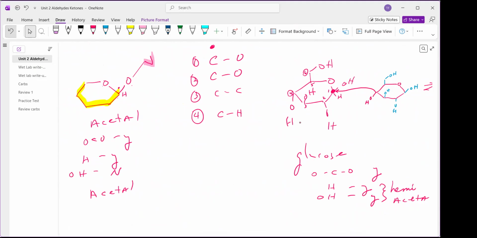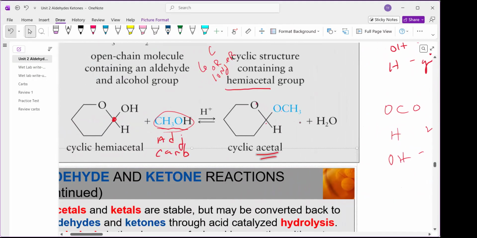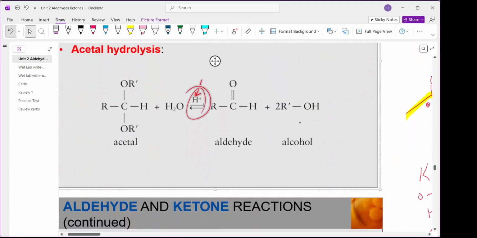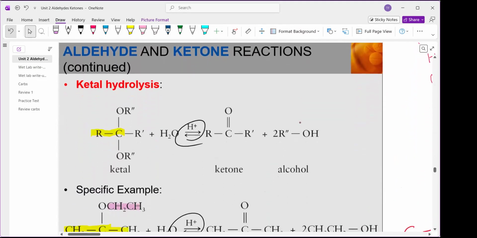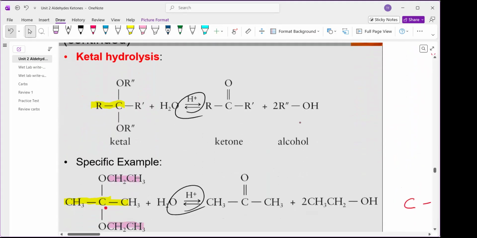It's converted back to the aldehyde from which it came. So open, close. And the open and close reaction is the hemiacetal reaction. Or if we started with a ketone and made a hemiketal, it can go back to the original ketone.